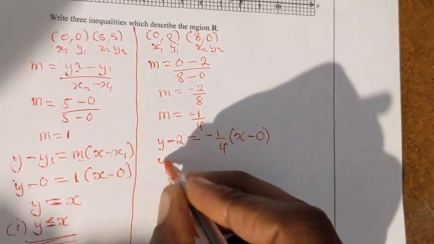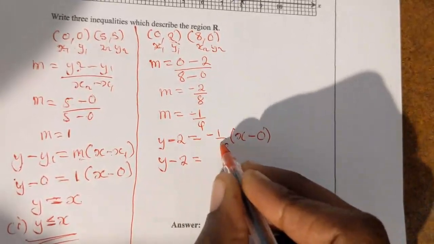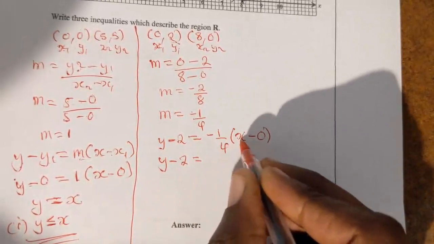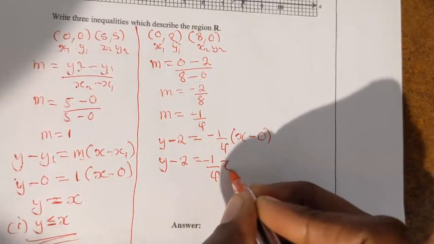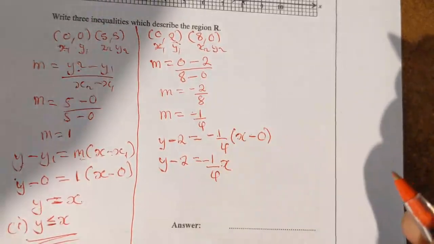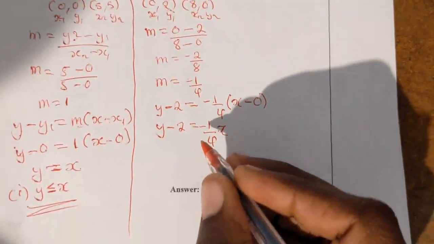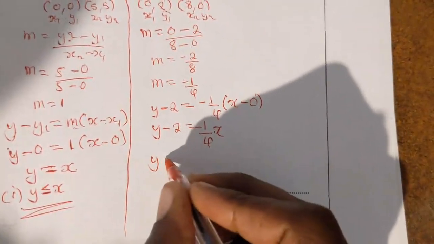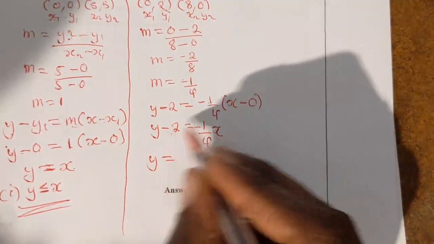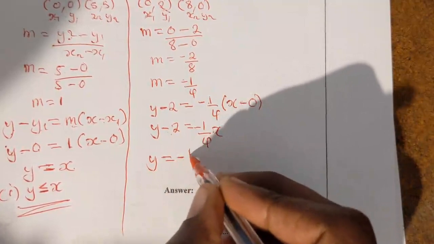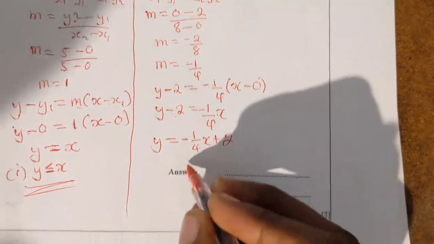So y minus 2 is equal to -1 over 4x. This times 0 is just the same as 0, so even if you don't put it, it's one and the same. So you say y is equal to, you just take this to the other side, so it's going to be -1 over 4x, then plus 2. So this is the equation.